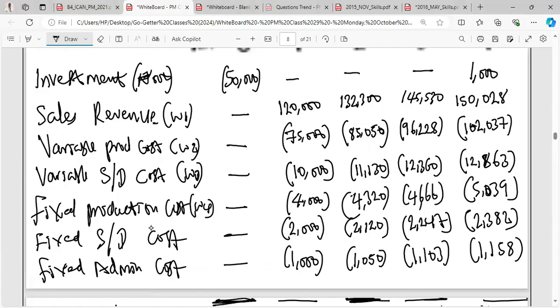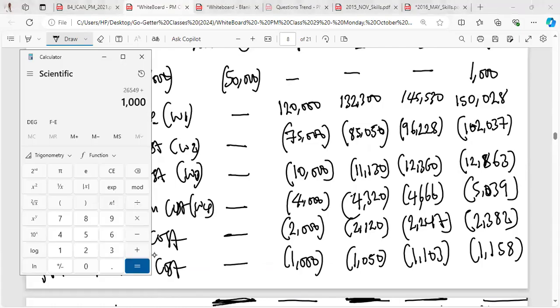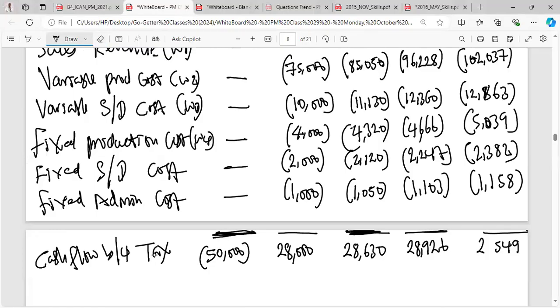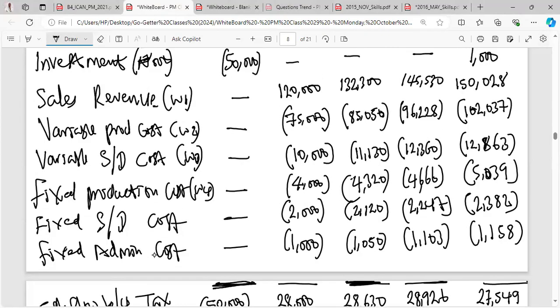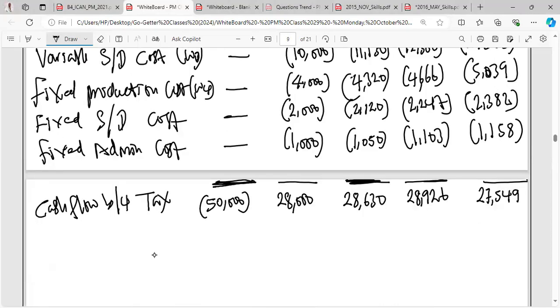Plus 1,000, which I omitted, gives 27,549. So that's the last year. Nothing was in the other years. So this is the cash flow before tax.